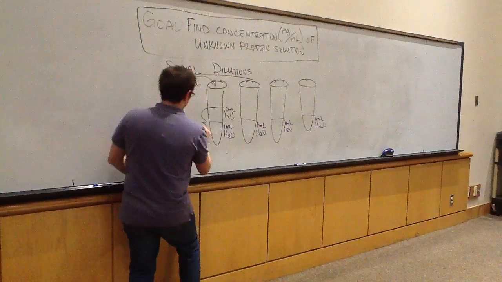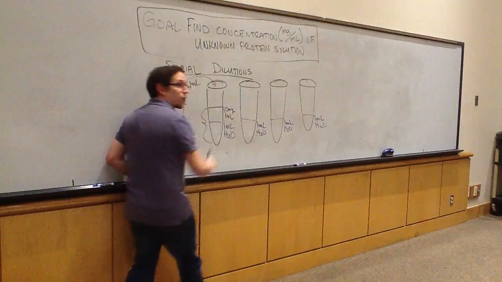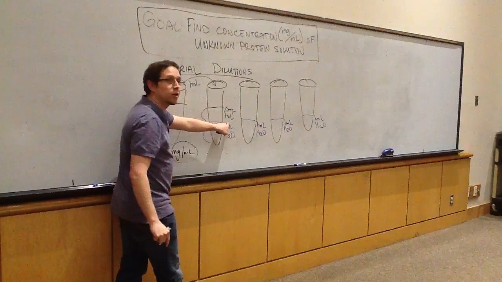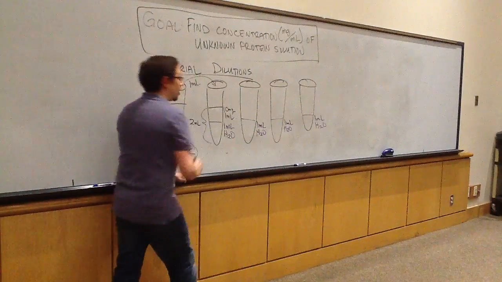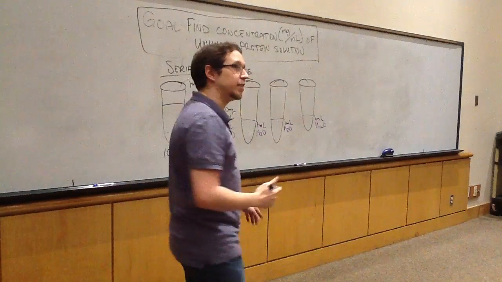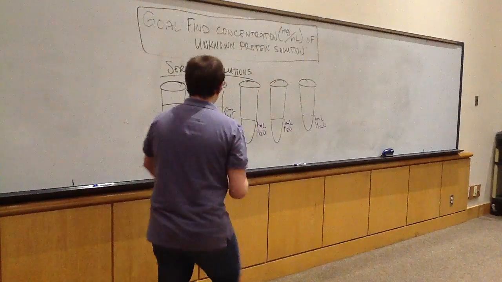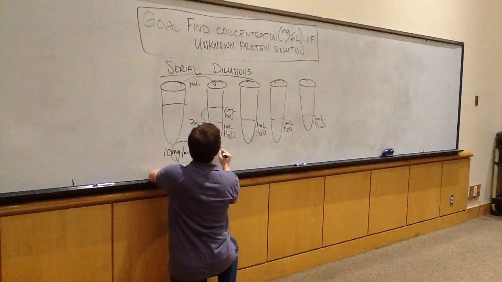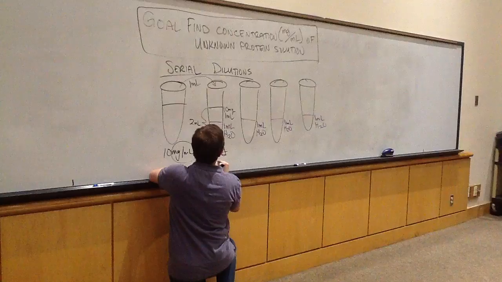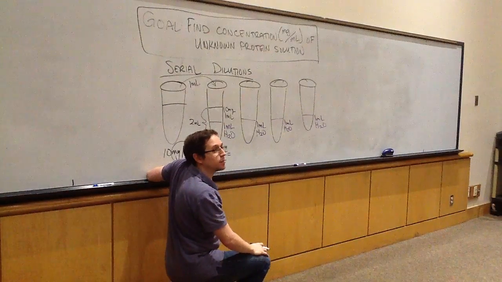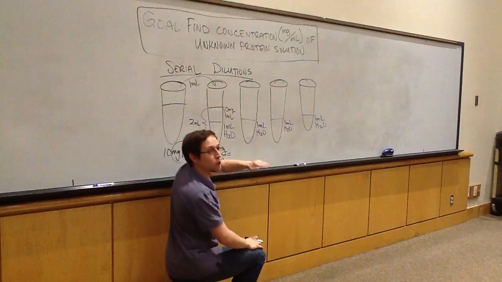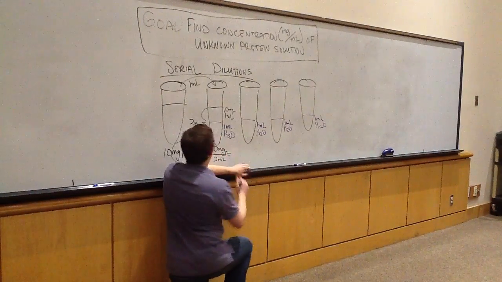So, I've got 10 milligrams of protein, 0 milligrams of protein, and then I've got 2 milliliters total of solution. So my total amount of protein per milliliter here is technically 10 milligrams in 2 milliliters of solution. But if I simplify that, it comes out to how many milligrams per 1 milliliter? 5.